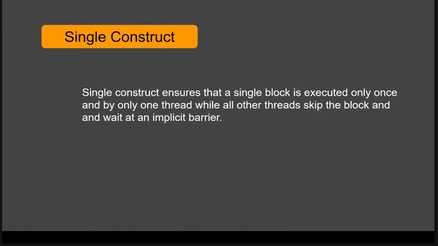But whenever a single construct is encountered, only one thread is allowed to pass and execute the block. The rest of the threads skip that block and encounter another barrier and wait for that thread to finish its execution. You will get a better idea of it when we move to the live demo.